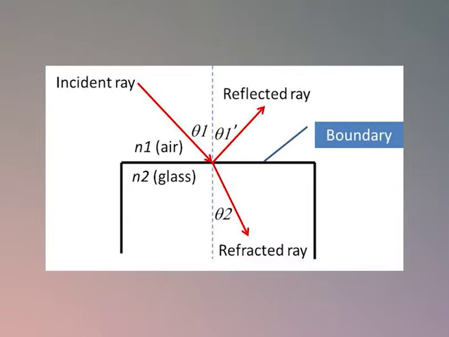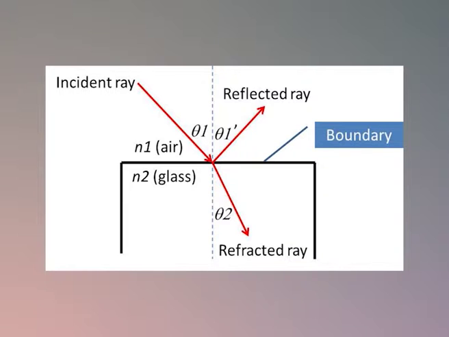The normal is a perpendicular drawn at the interface of the two mediums, and according to Snell's law, n1 and n2 are the refractive indices of medium 1 and medium 2. Theta 1 is the angle of incidence in medium 1, theta 2 is the angle of refraction in medium 2. Here the figure shows that the light is bending towards the normal.